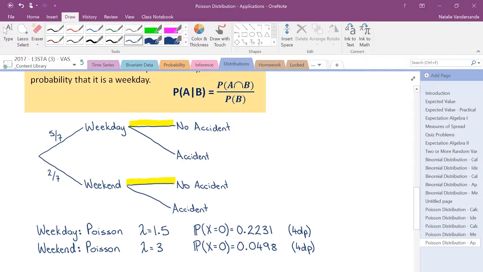And for a weekend, we have a Poisson distribution with a lambda of 3 accidents, and the probability of no accidents is 0.0498 to 4 decimal places. This is what we're going to fill in on the highlighted branches of our diagram.